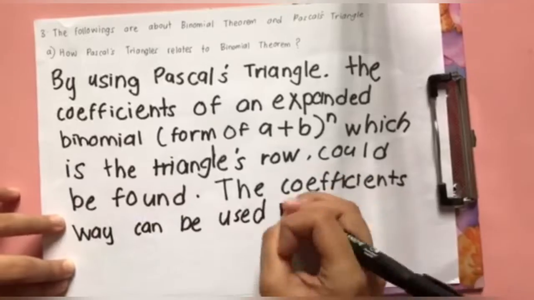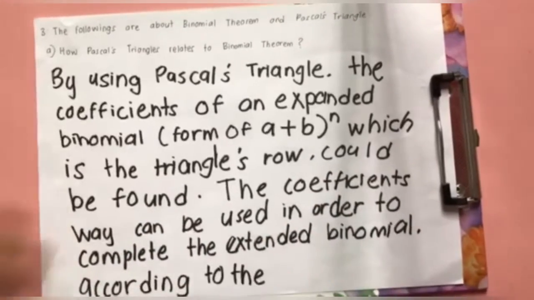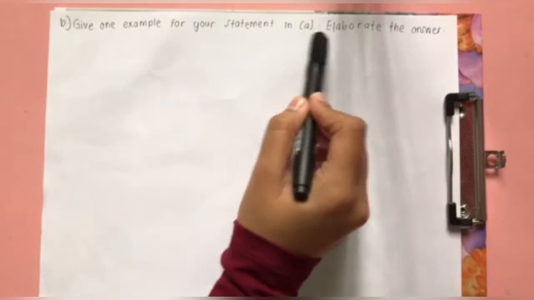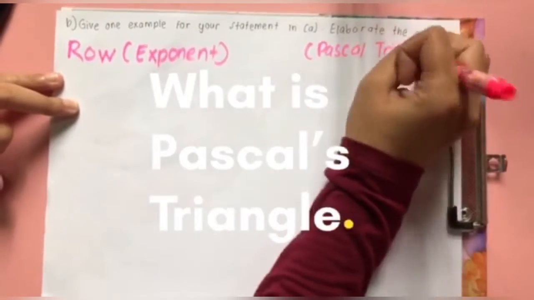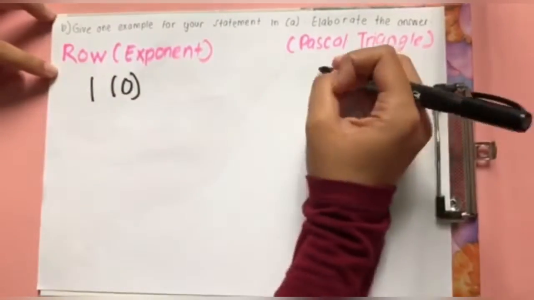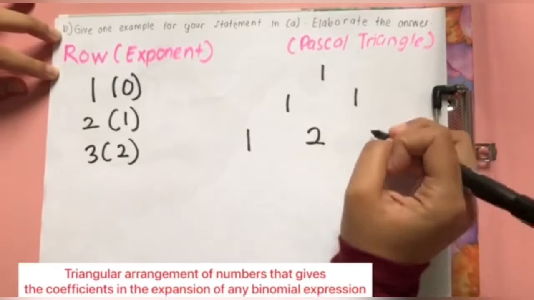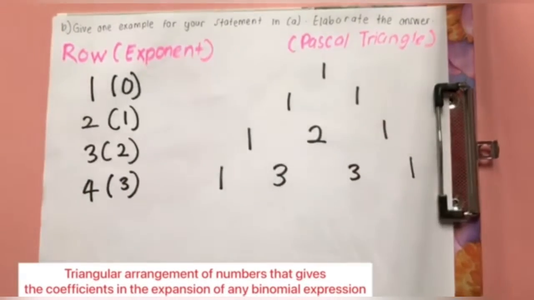The coefficients can be used in order to complete the expansion according to the binomial theorem. For question B, give one example for your statement in A. Elaborate the answers. So, what is Pascal's triangle? Pascal's triangle is a triangular arrangement of numbers that gives the coefficients in the expansion of any binomial expression.